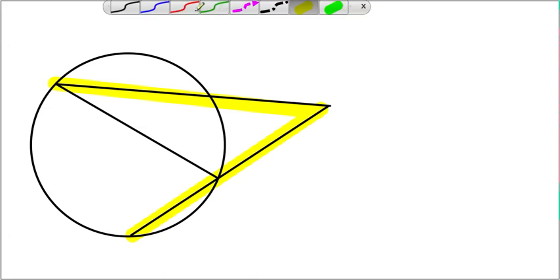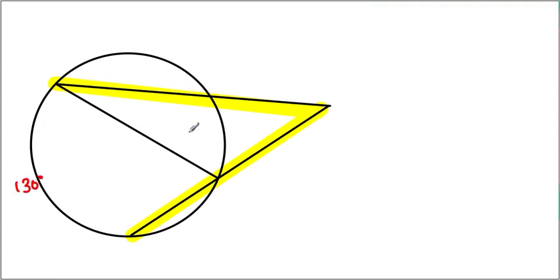Let's call this one 130 degrees, and let us say this one is 40. The measures of the arcs are given in this way.